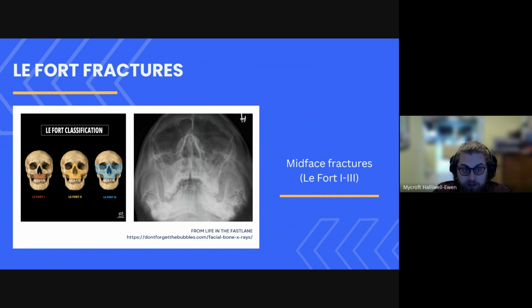So they will either cross the maxilla horizontally, which is the Le Fort 1, or they will cross between the orbits down through the zygoma bilaterally, right, and through in this sort of pyramidal shape. That's a Le Fort 2. Or you get a craniofacial dislocation where you'll go all the way across the top, right, and then downwards.